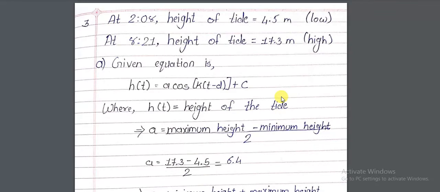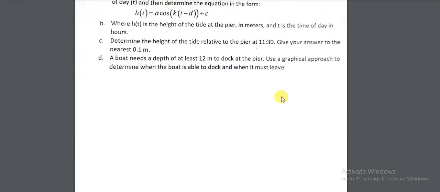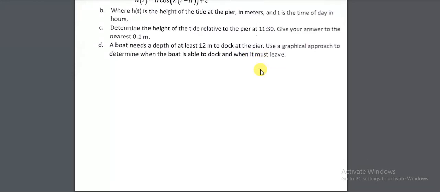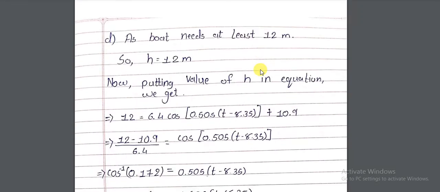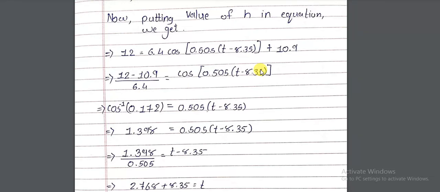Now question 3c is: a boat needs a depth of at least 12 meters to dock at the pier. Use a graphical approach to determine when the boat is able to dock and when it must leave. So h is given as 12 meters. Now putting all values in the equation, we get 12 = 6.4 cos(0.505(t - 8.35)) + 10.9.